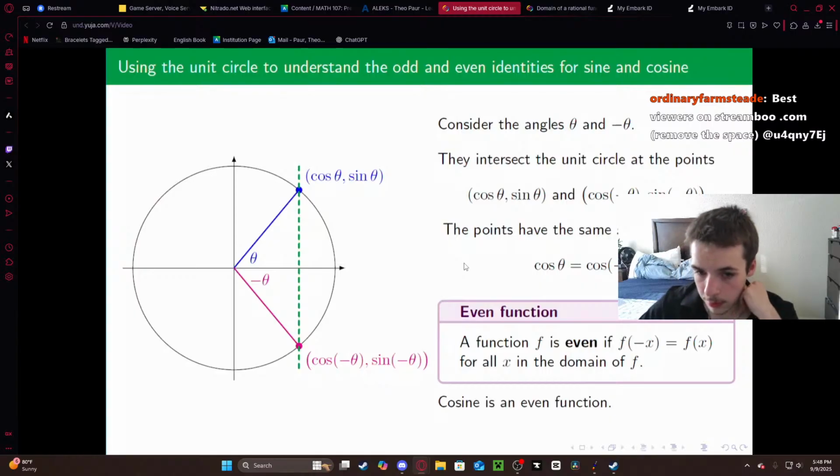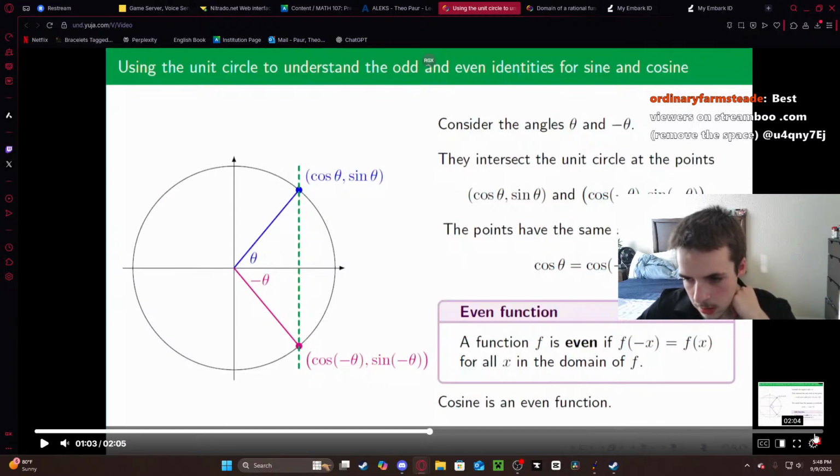I knew that one. Cosine is an even function. Cool. Let's just skip to the end and just fill it out.